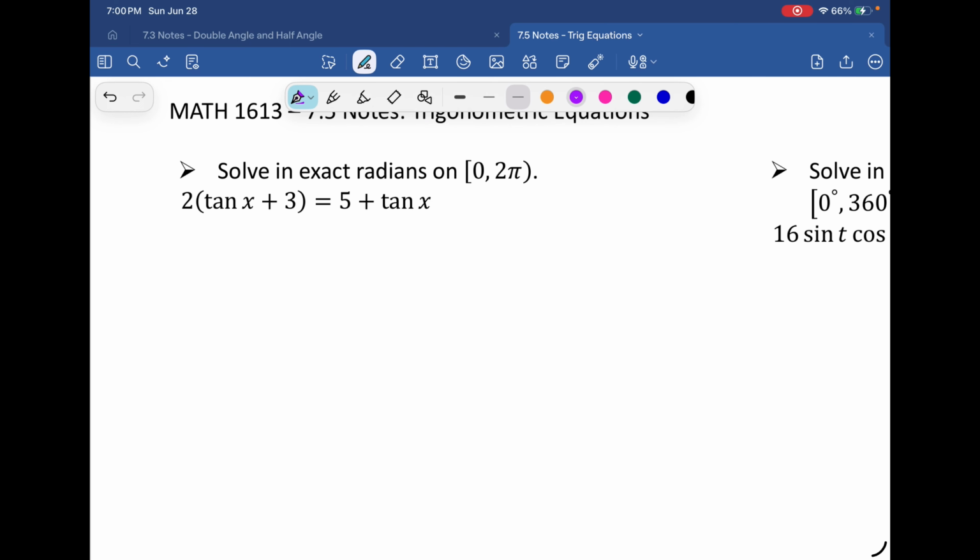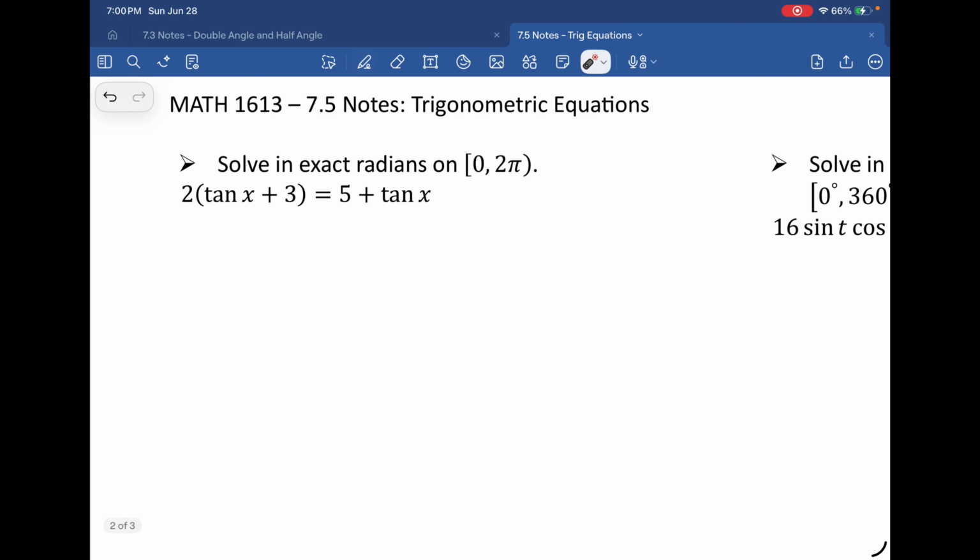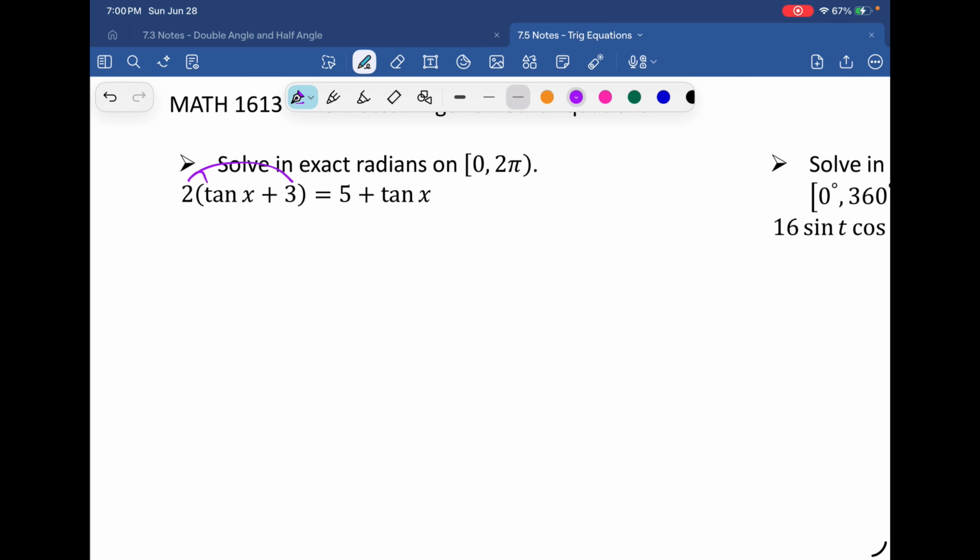Recognizing the argument here is going to be key. The argument for tangent is just x. If x plus 3 was inside the argument for tangent, it would be inside both parentheses like that. It's not. So I'm going to distribute the 2, kind of treating it just like a regular algebraic equation.